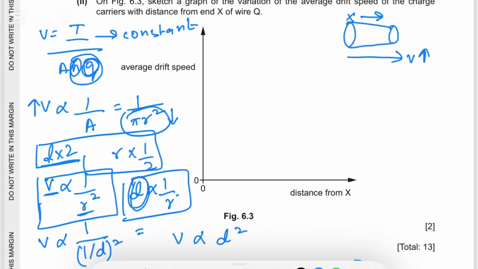Therefore, this increase in drift speed would be a curved graph. But before that, let me point out the fact that at a distance of 0 from X, that means over here, the drift speed is a non-zero value. So you must start above the origin and then increase the gradient of the graph from that point.